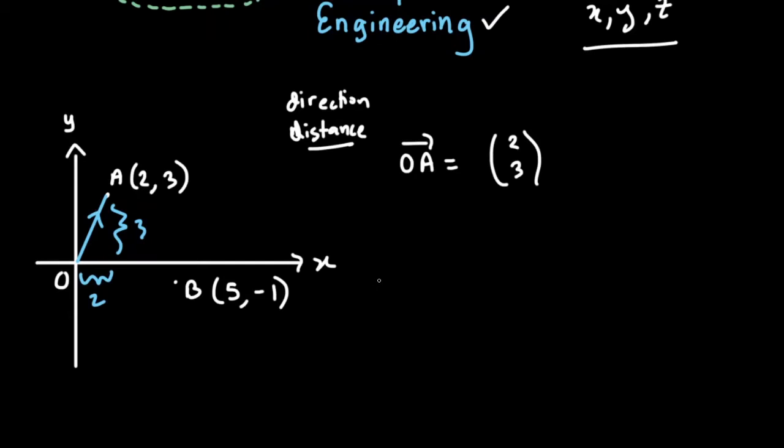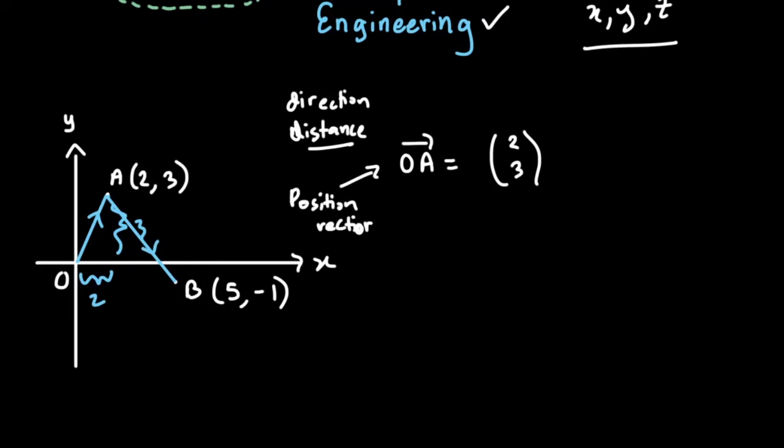Anyways, we call this a position vector because this vector starts from the origin. That's why we call this a position vector. Okay. Now, for the remainder of the journey, we need to go to B from A. So this is the vector.